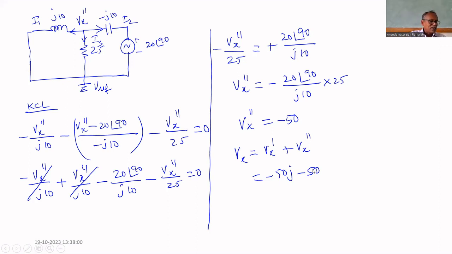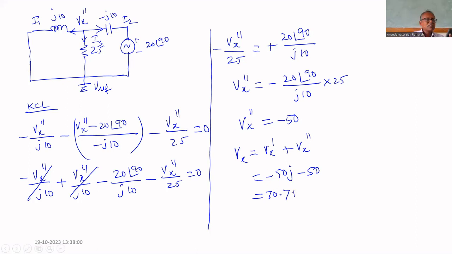Therefore, we enter minus 50 minus 50i. We entered minus 50 minus 50i. Call polar. Already it is in rectangular form. Equal to 70.7, 70.71.